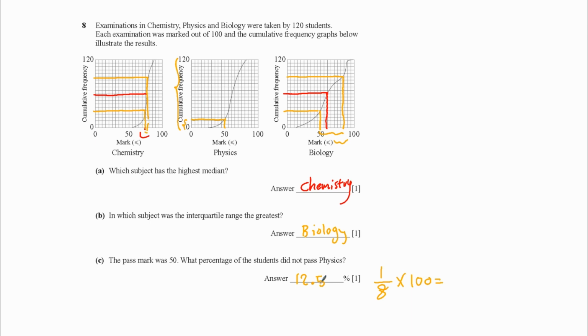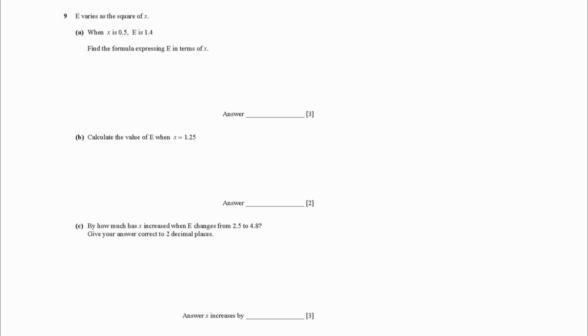Okay, we go to the next question now. The question says E varies as the square of x. When x is 0.5, E is 1.4. Find the formula expressing E in terms of x.